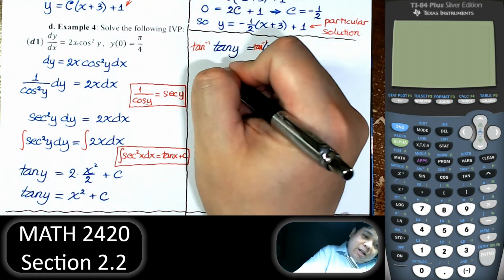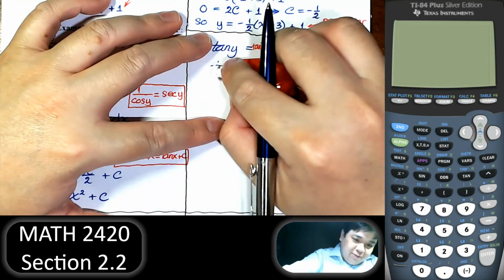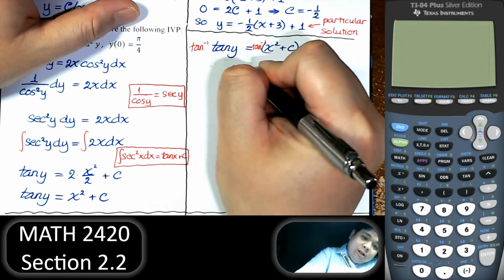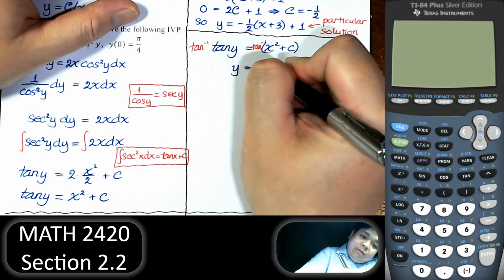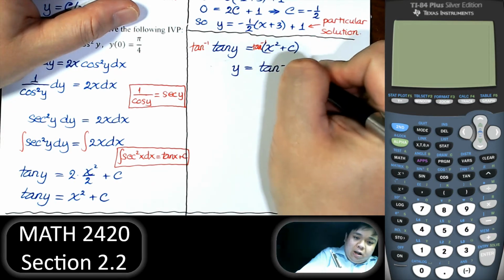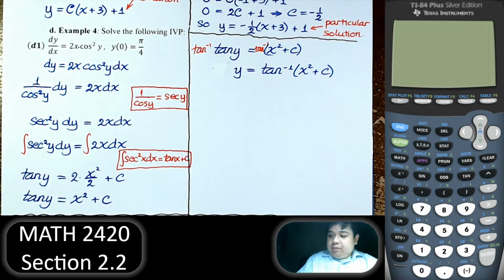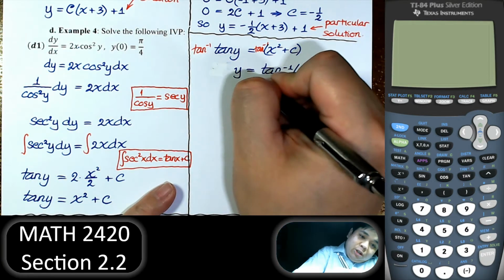Tangent inverse and tangent cancel, so y equals tangent inverse of x squared plus c, and that is the general solution.